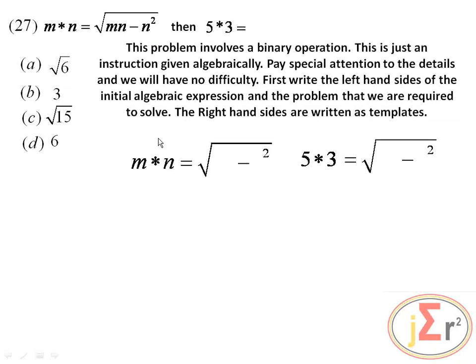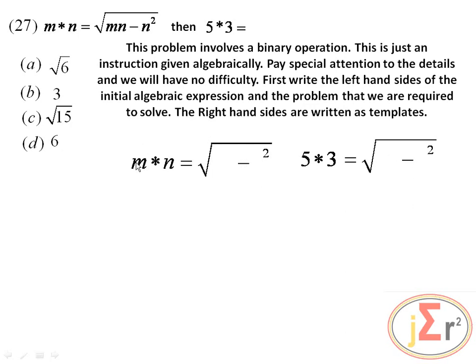So, we have here the left-hand side M N. The right-hand side is a template, which is here. This is what will go here. And we have a template there.